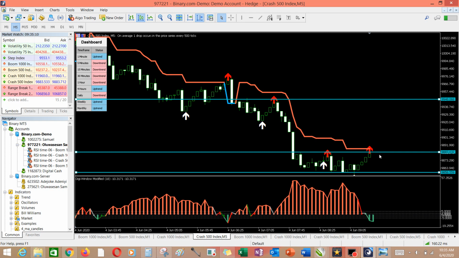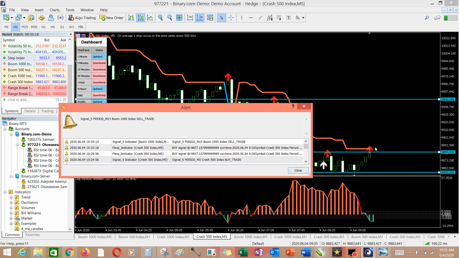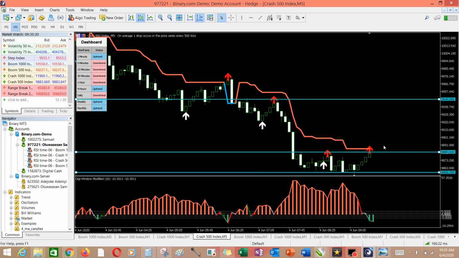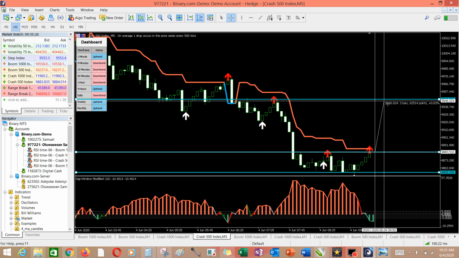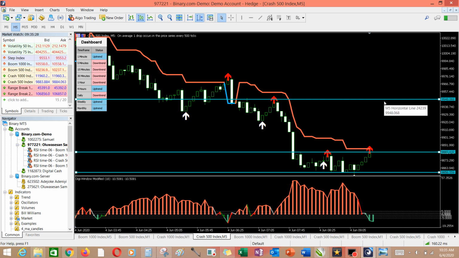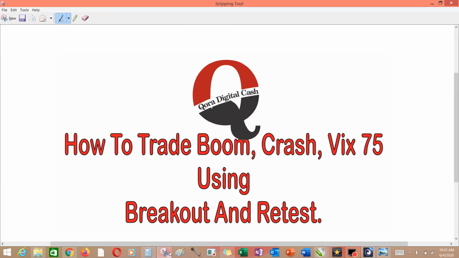Then another thing is, if it breaks this resistance level, then know that it is a breakout point for a buy order, and that means it will go up for a while and you can be in the market from here to this level. So that is how to use the breakout strategy and also the retest strategy.